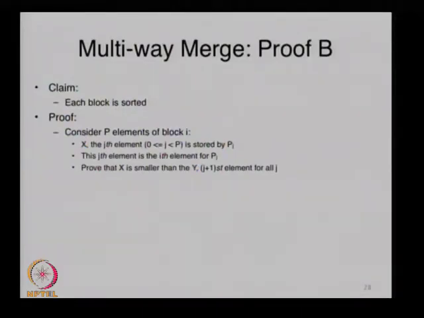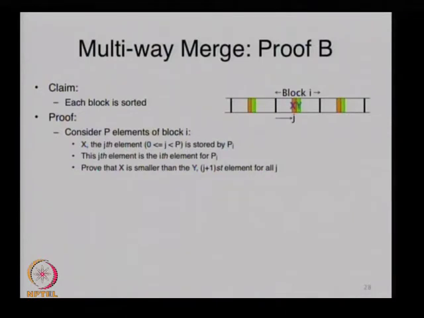After we get this merge, the claim is that each block is sorted. Block is again every p. So we're looking at some arbitrary block I, and we are looking at two consecutive elements in this block. For this block to be sorted, x must be less than y.